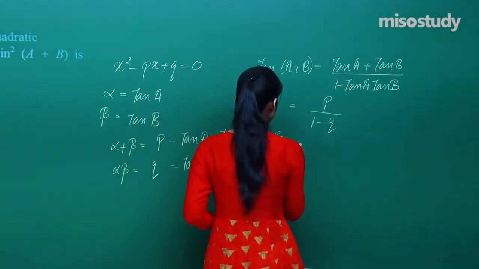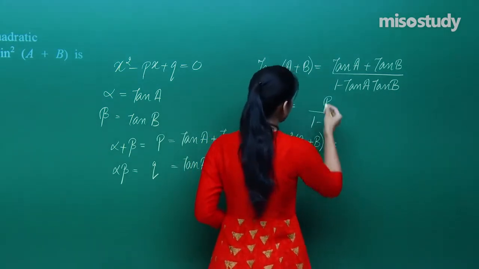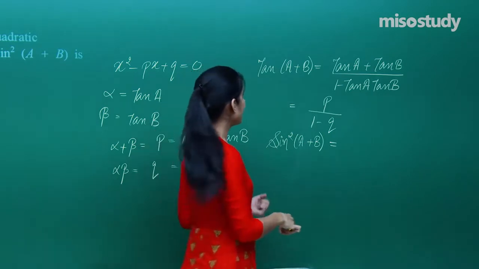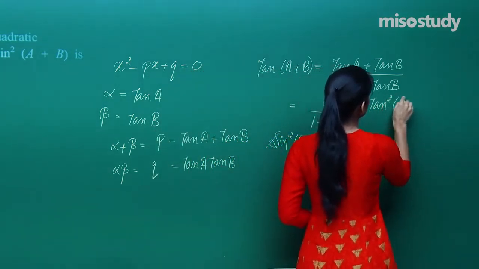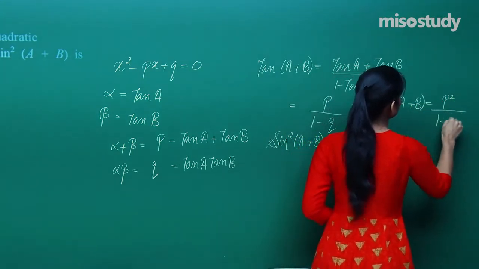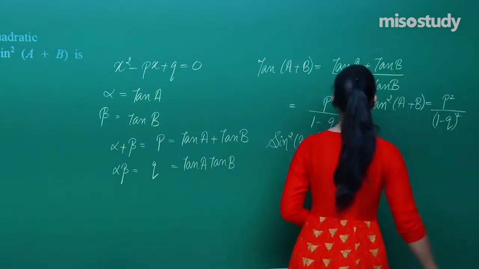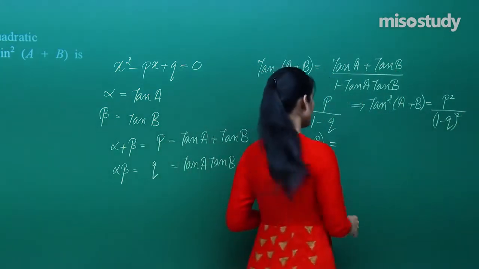What will be sine square A plus B? Now see, somehow I need to use tan. If tan of A plus B is this, this implies tan square A plus B will be p square upon 1 minus q whole square. I can write sine square in terms of tan. How?